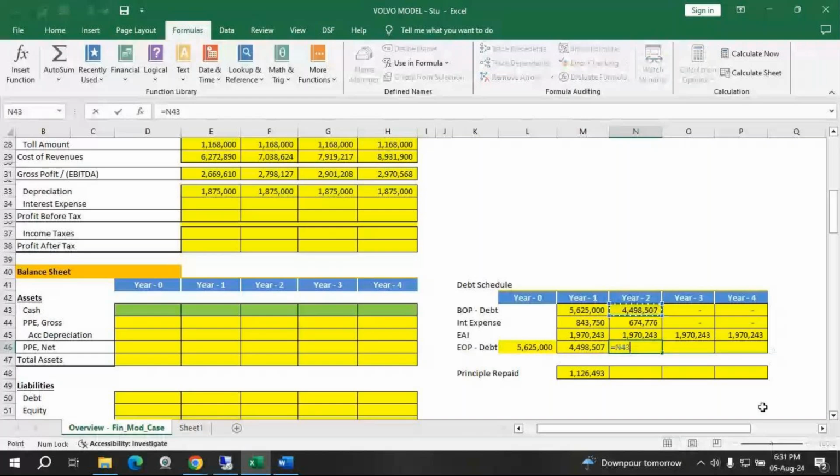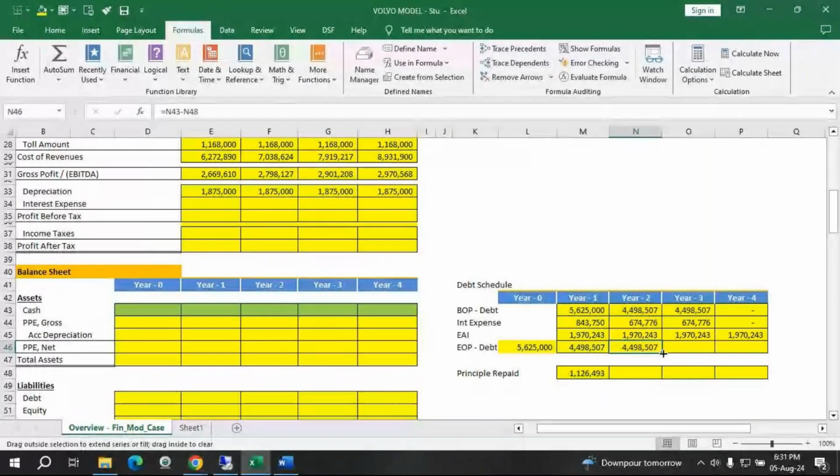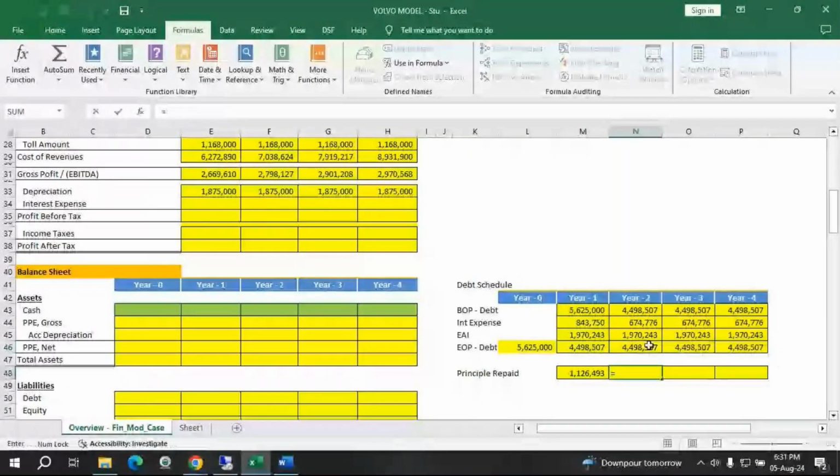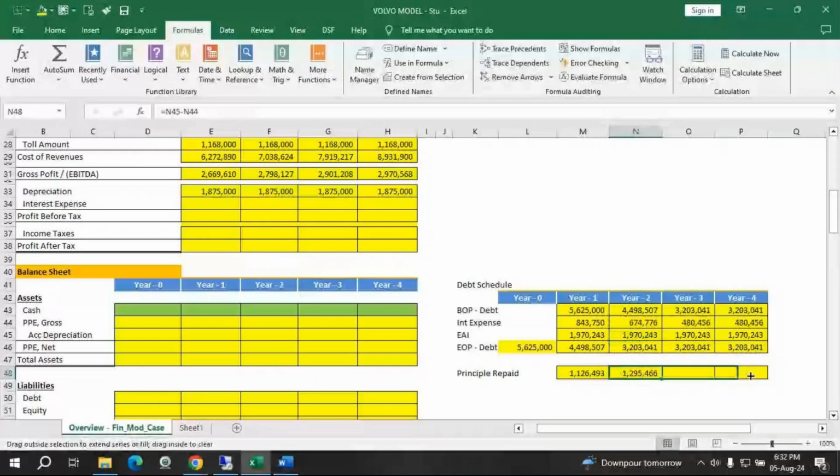I'll drag this, and here it will be equals beginning loan amount, EAI minus the interest expense. I'll come here and drag it. So at the end of the period, it will be 0. So solve this debt schedule.